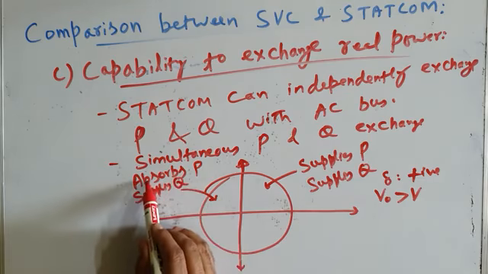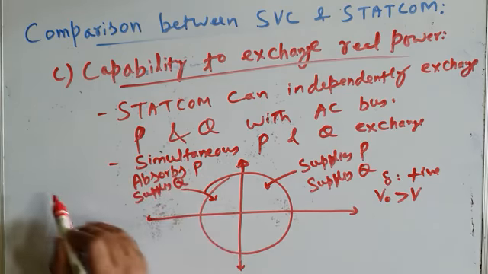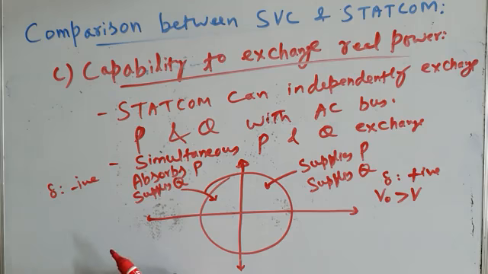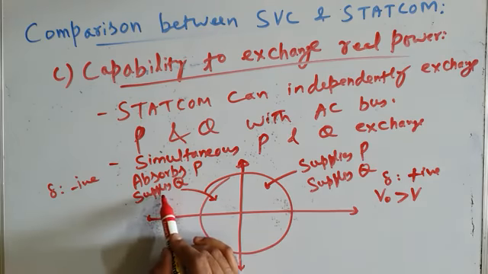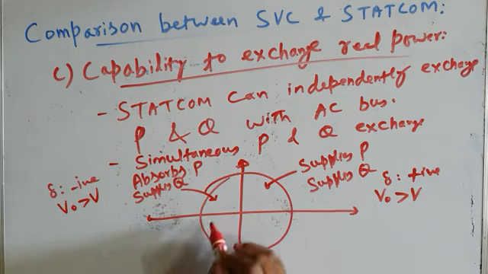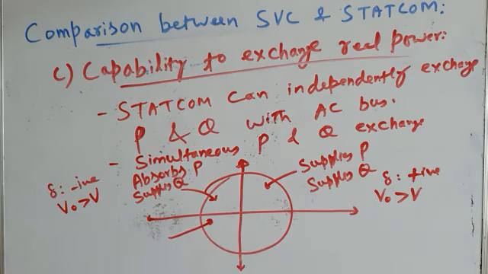When does it absorb active power? When delta is negative. Negative delta means V0 is lagging behind V, and it supplies reactive power when V0 is greater than V. In the third quadrant, you can make your STATCOM absorb active power as well as absorb reactive power.